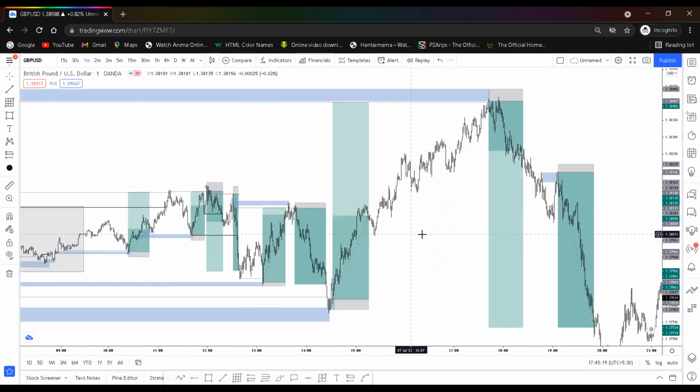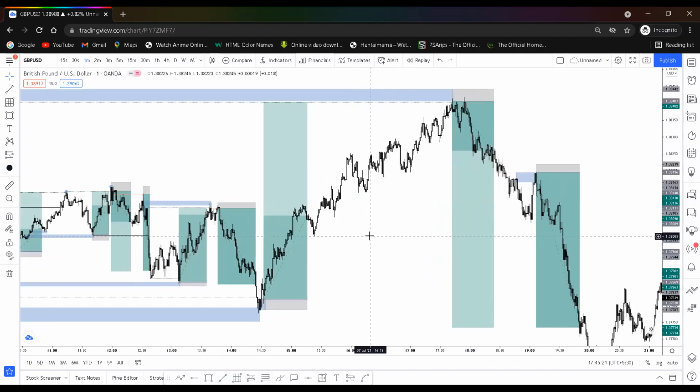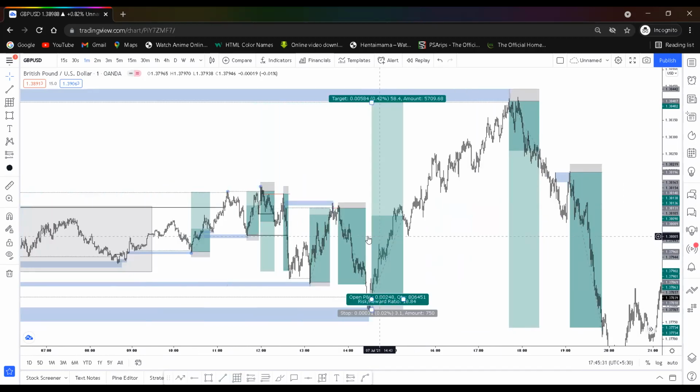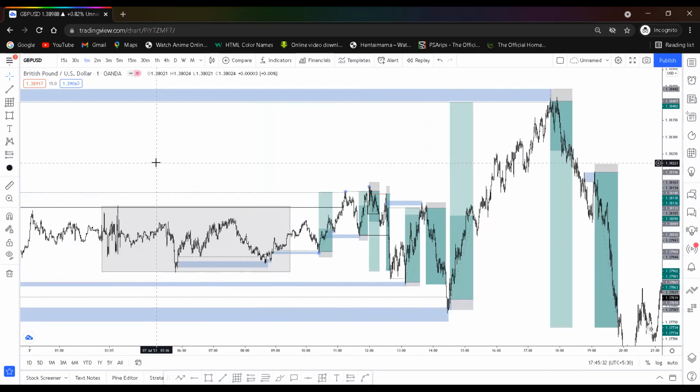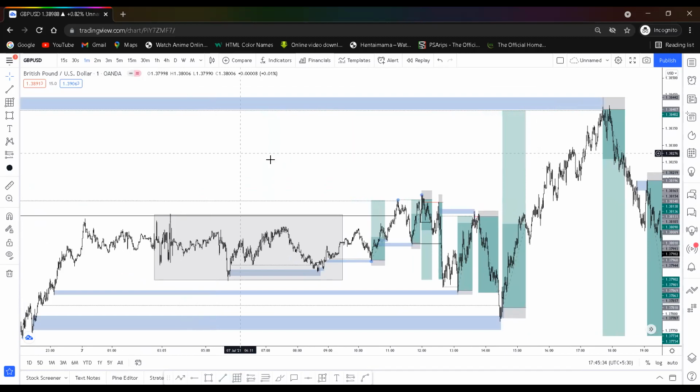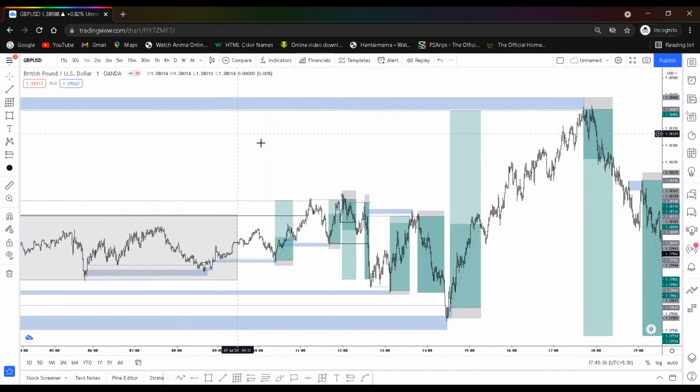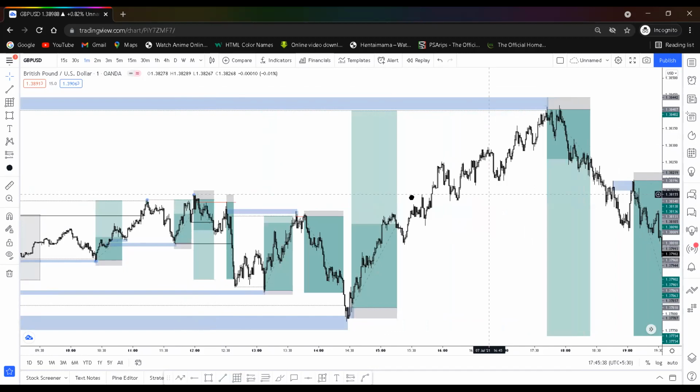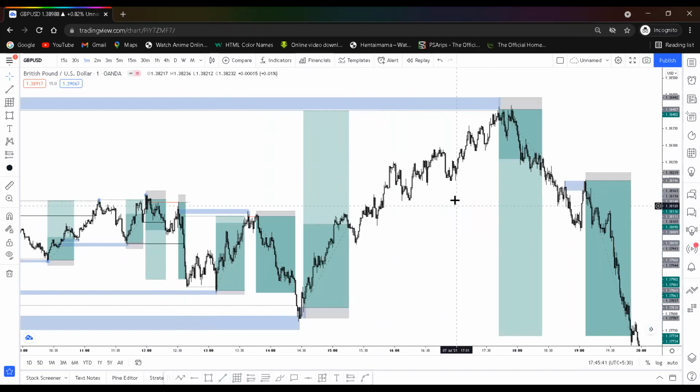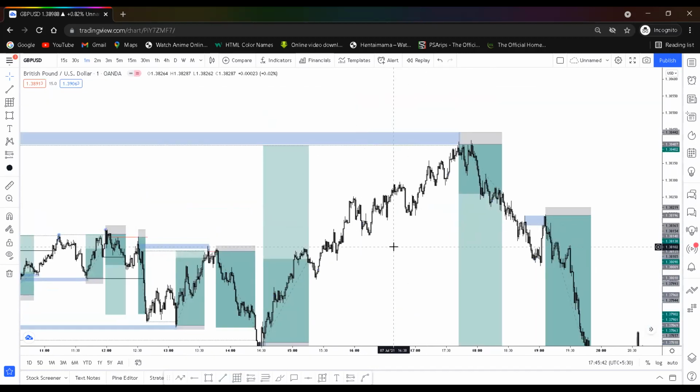I'm trading a 100K FTMO account, and I'll make around 60% every month.